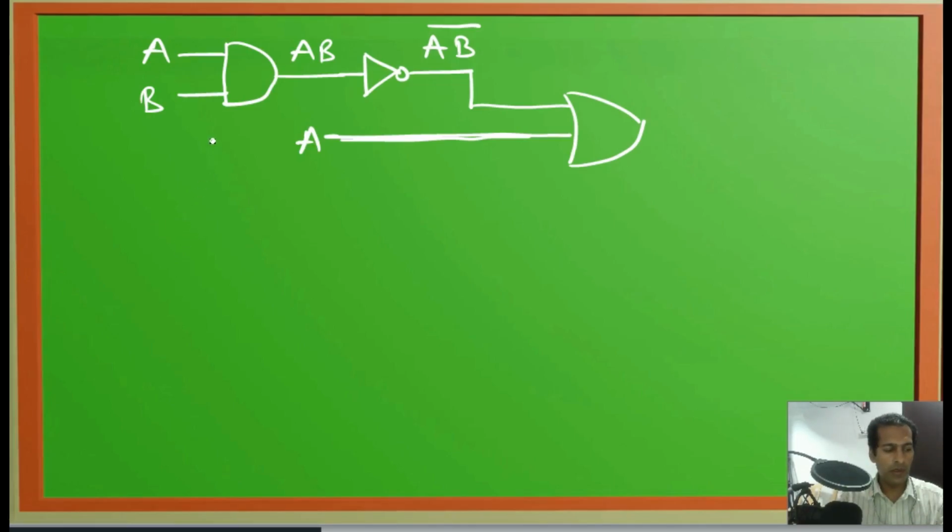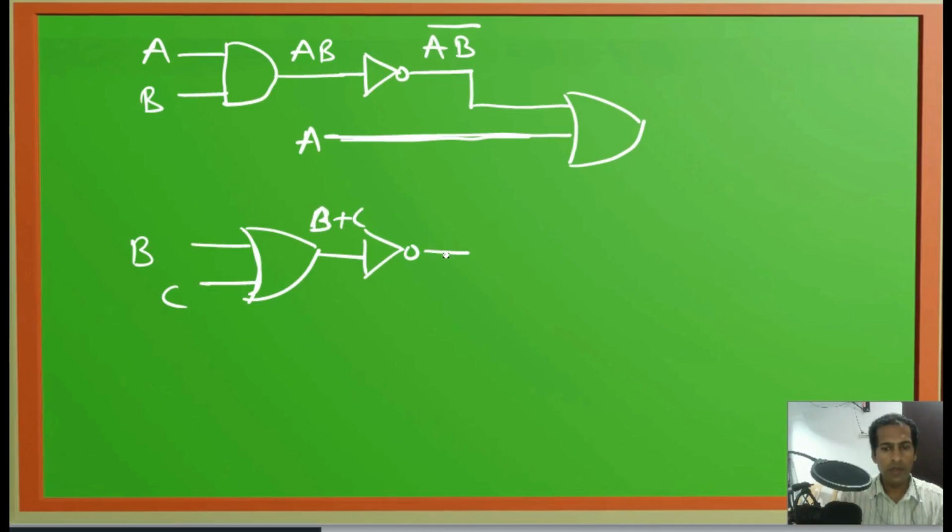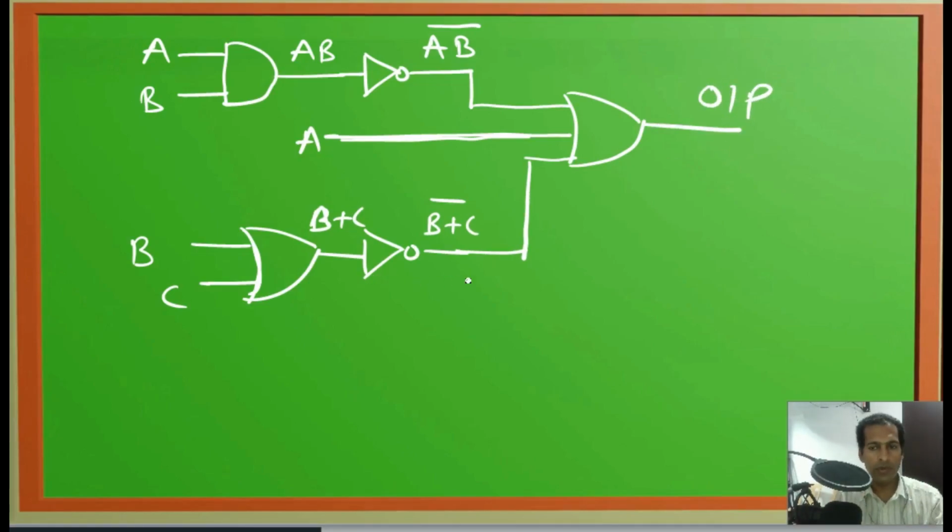Now for B plus C, either we can connect the same line, or show a separate line. B plus C means we have to connect one OR gate. The output of this goes here, where we have B plus C. At the output of the inverter we get B plus C bar, and this input will connect to the OR gate. So this output is our final output.